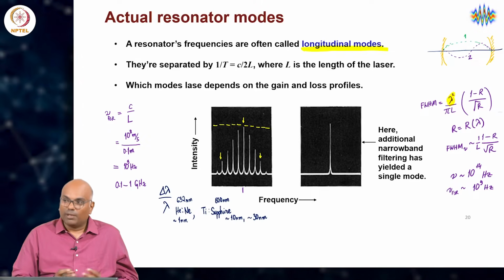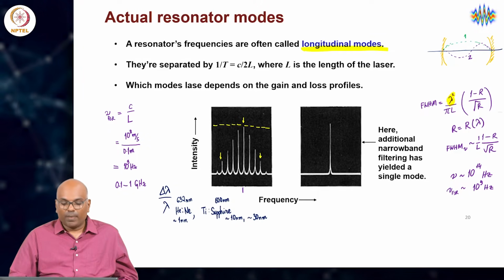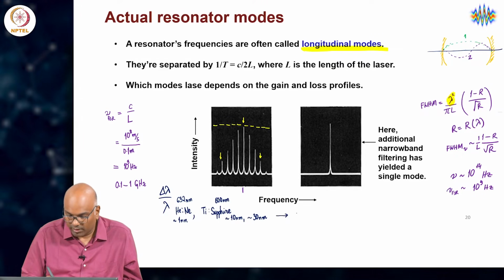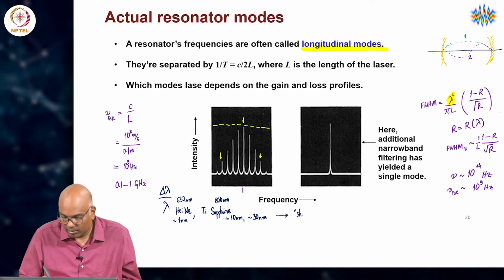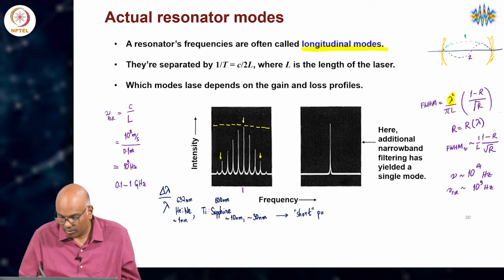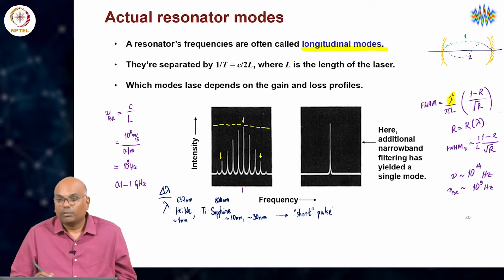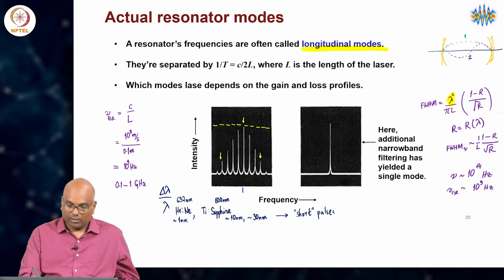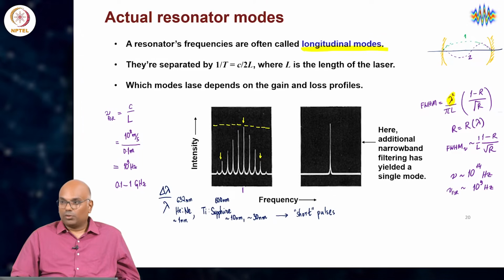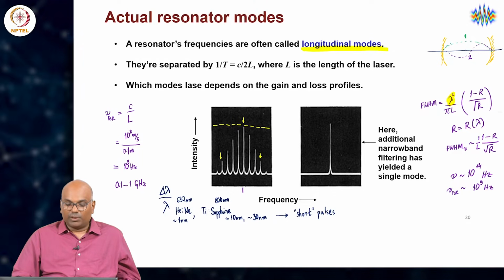Of course, this means they find different applications, and therefore, it is no surprise that a titanium sapphire laser is often behind short pulses, right, short or even femtosecond pulses.